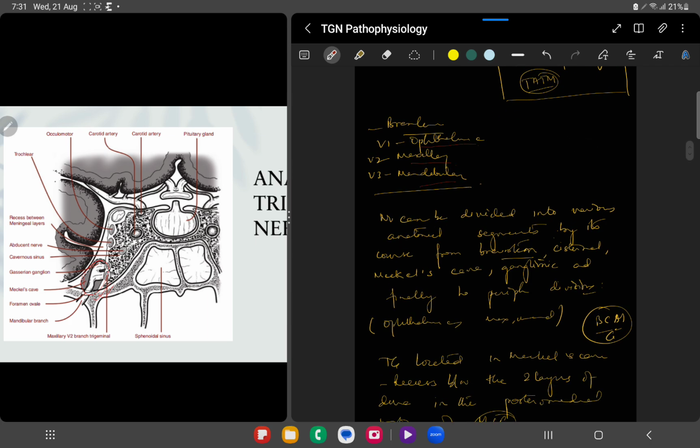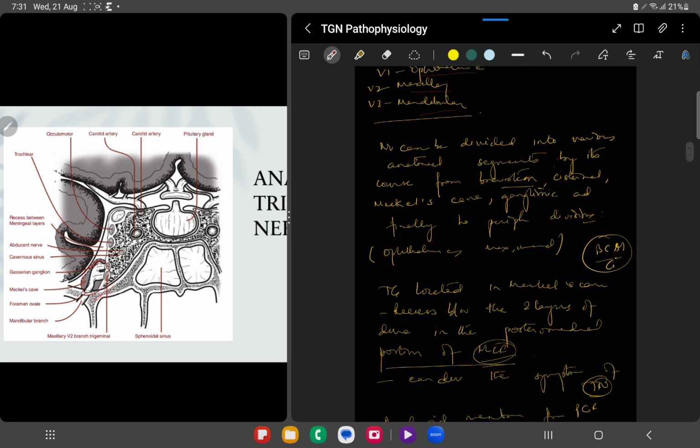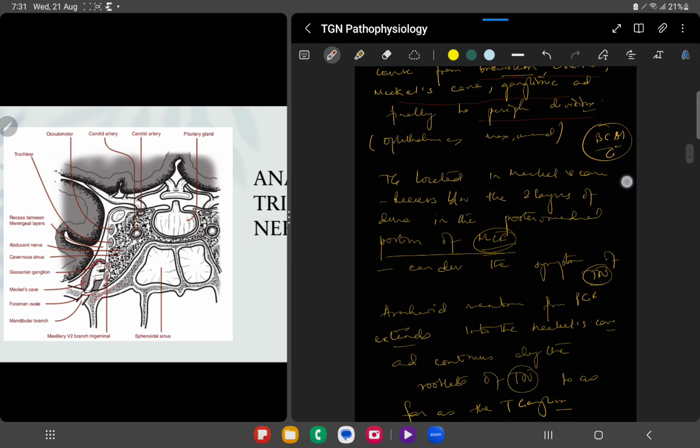This nerve can be divided into various anatomical segments by its course from the brainstem, the cistern, then the Meckel's cave, ganglionic, and finally the peripheral divisions, that is the ophthalmic, maxillary and mandibular.